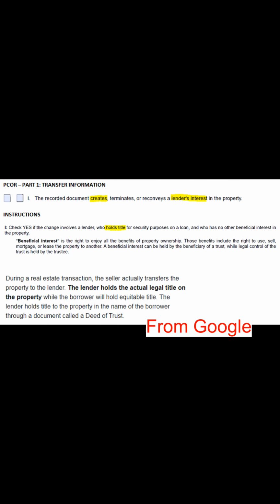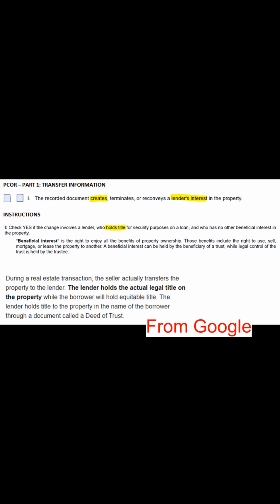So if you look at this explanation that you can just Google to make sure it's correct, check yes if a change involves a lender who holds title. That's actually the case, in my understanding. Again, I'm not a lawyer. I cannot tell the signer to pick either yes or no, but I'm just taking the time to have them read correctly the transfer information question, I or H, and then to look at the instruction.